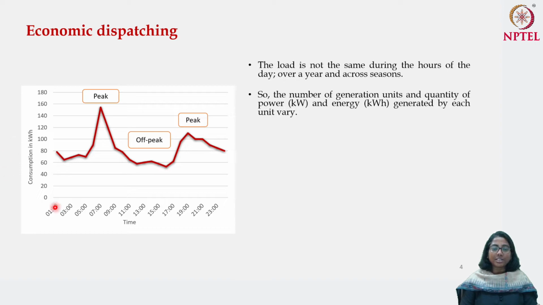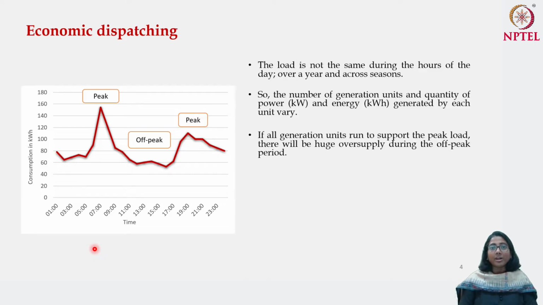So each of the generation units in a power plant generates a different amount of electricity at different points of time. What if they do not do so and they keep on producing the same amount of electricity which is required to support the peak load?